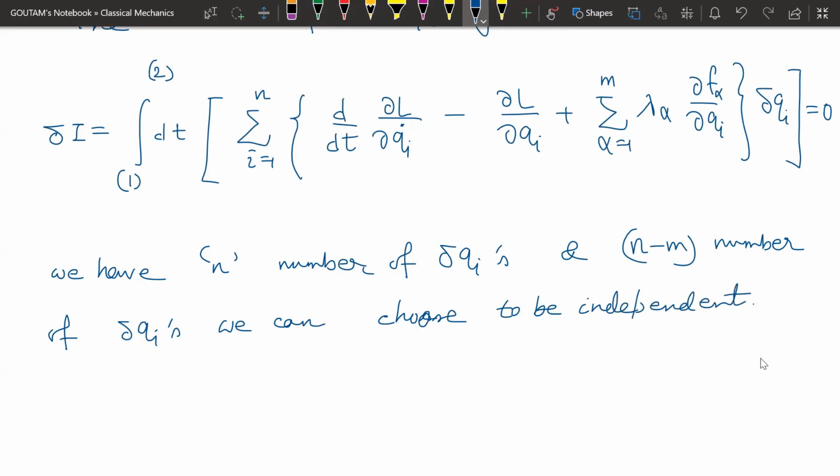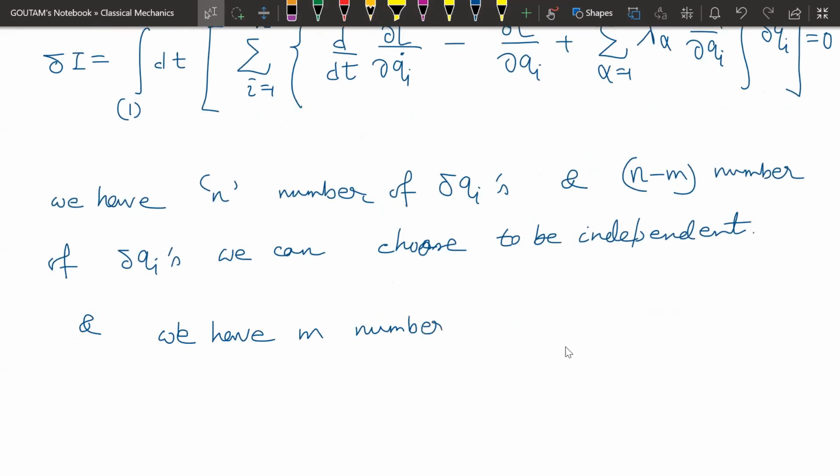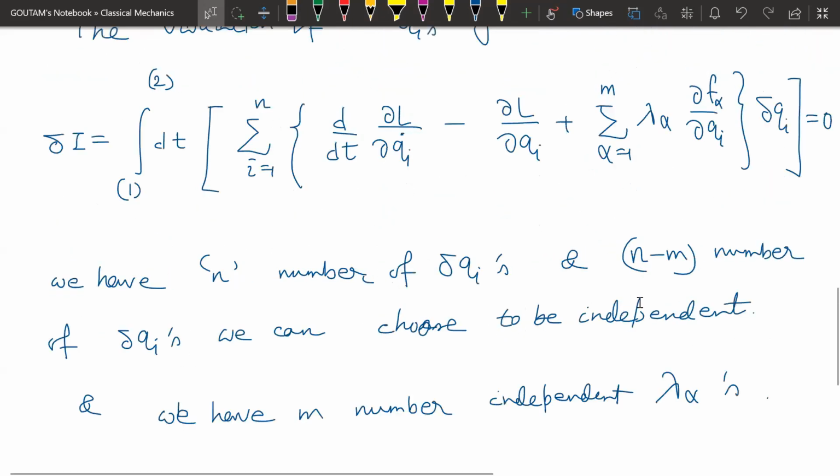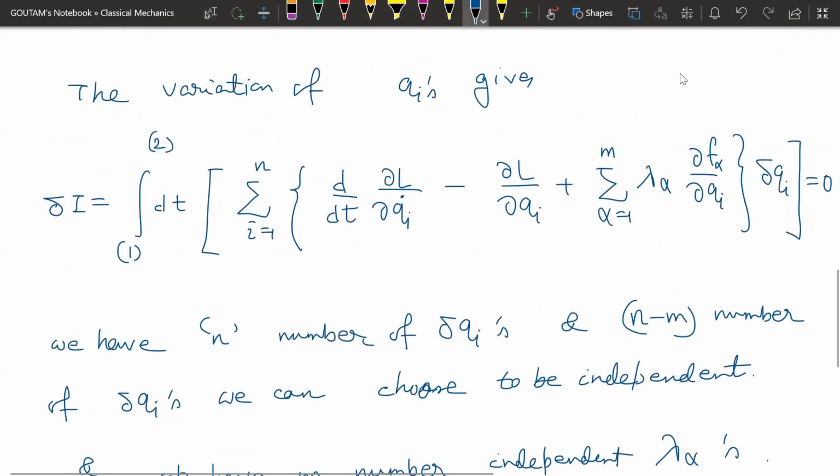Not all of them, because we have m number of constraints. And we have m number of independent lambda alphas, right? Now let's call it equation 1.